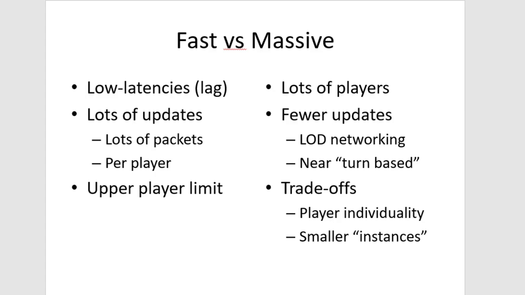It's much closer to turn-based, where we'll allow the players to sort of make turns, or we'll do some trade-offs and say make smaller instances where now we're maybe doing a fast networking style or closer to fast networking style in these smaller instances, but we have an upper player limit of, say, 64, 128 or something like that, where we control it a little better.